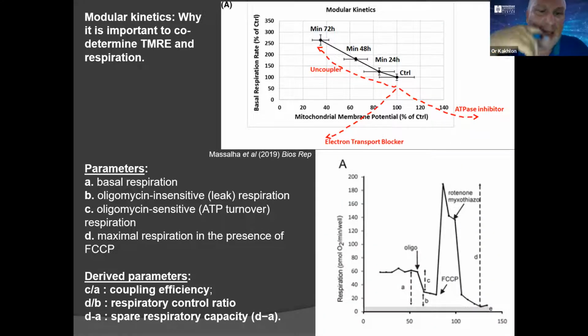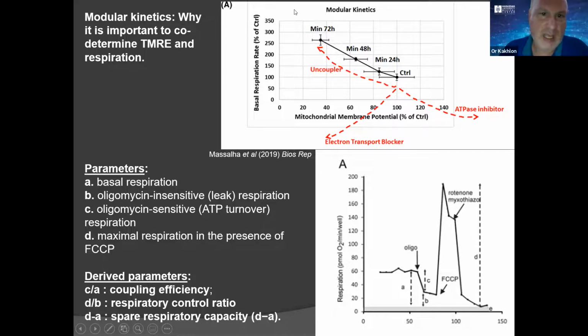And then we actually looked at the mitochondrial bioenergetics. Before that, I also wanted to give you a short introduction, so we're on the same page. We talk about modular kinetics. We have actually 3 types of interference with mitochondrial function, with the oxidative phosphorylation.